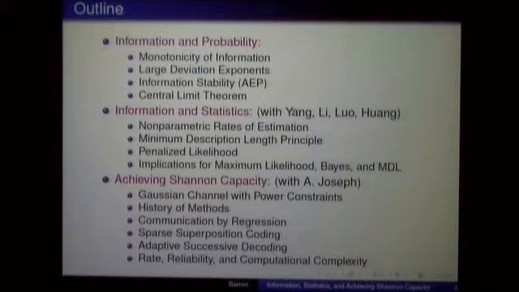And that's work with a number of former students. And then with current student, Anthony Joseph, we're working on achieving Shannon capacity for the Gaussian noise channel with power constraint.